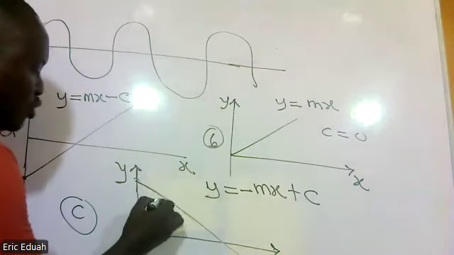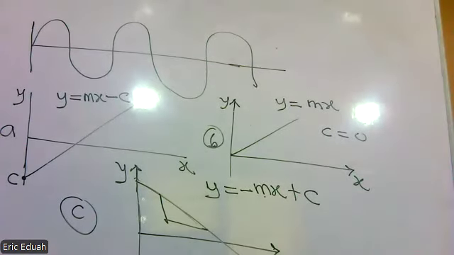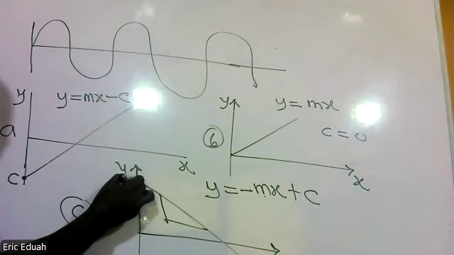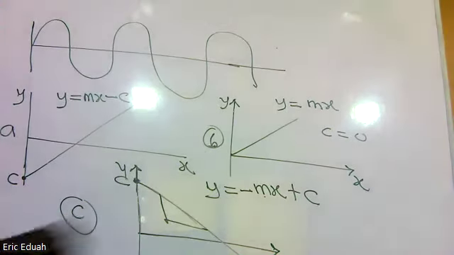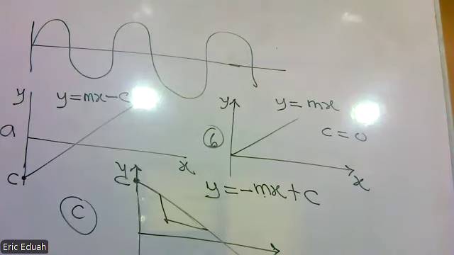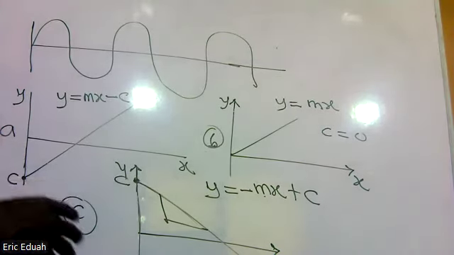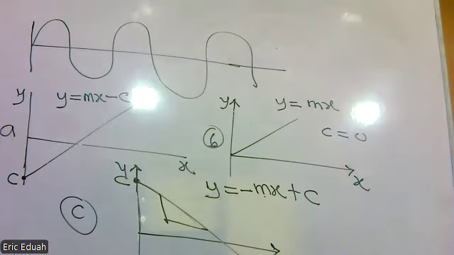If you find the slope, you get a negative value. So m is negative, and the graph also cuts the y-axis at a positive value. So we are drawing a graphical representation of that, as well as a mathematical representation of that.